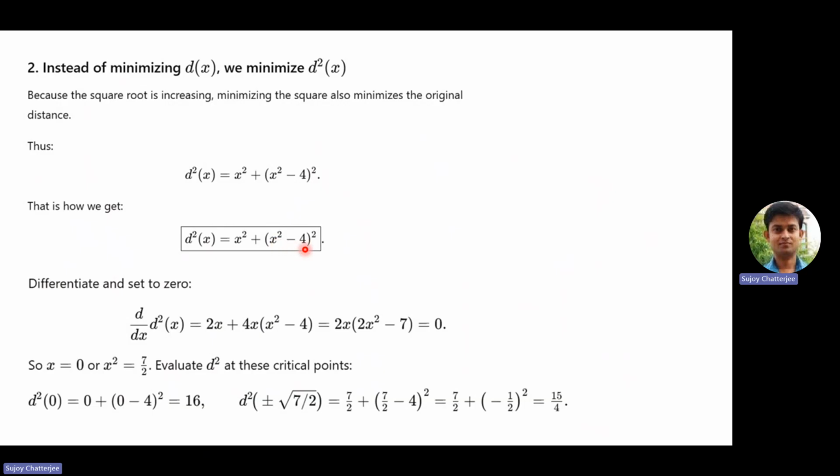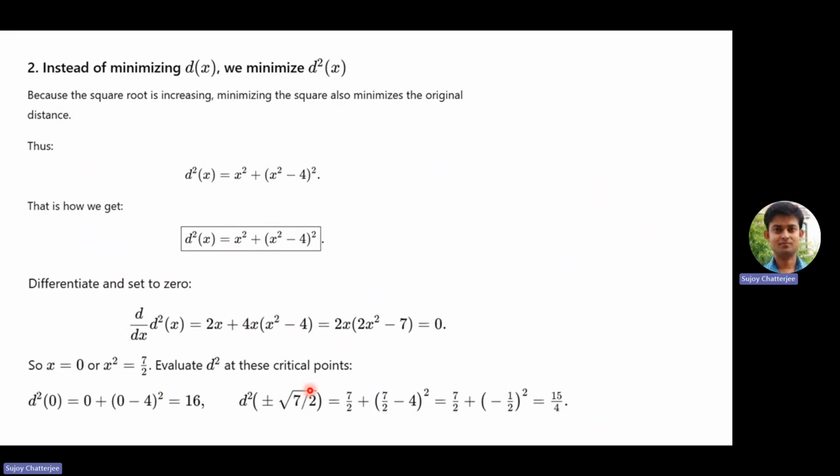Similarly, (x² minus 4) whole square becomes 2 times (x² minus 4) times 2x, again from the formula of differential calculus. Together, after simplifying, it gives 2x times (2x² minus 7) equal to 0. So either x equal to 0 or x² is equal to 7 by 2.